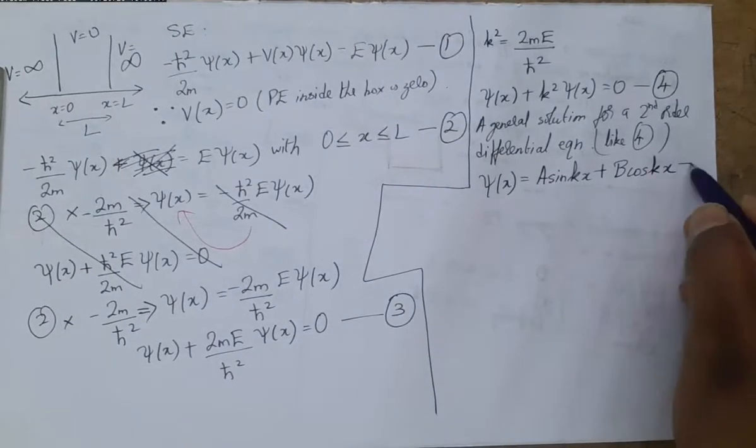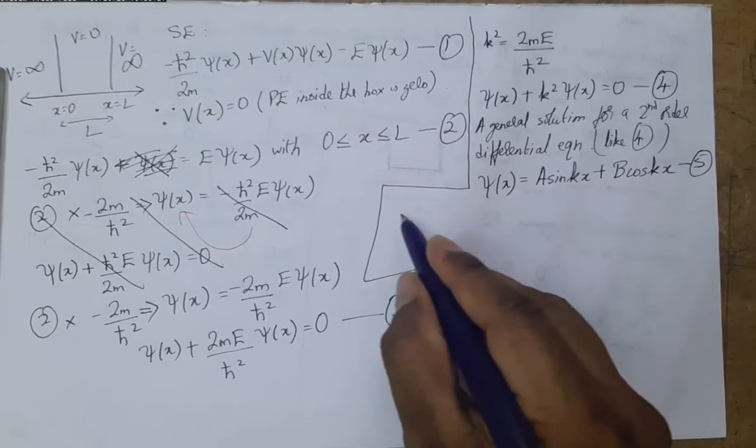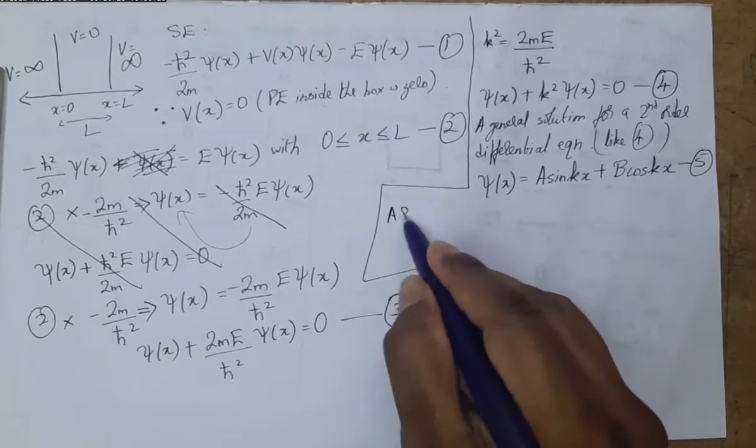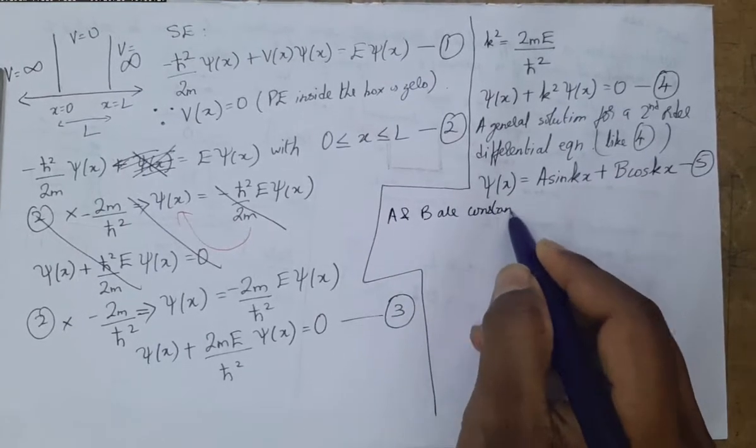Let's call this equation 5. Now A and B are constants, so we have to find what they are.